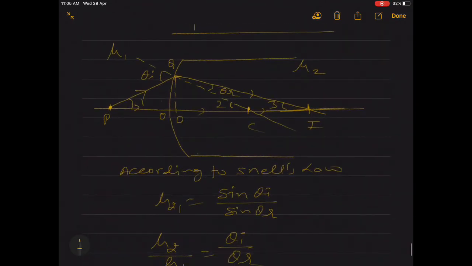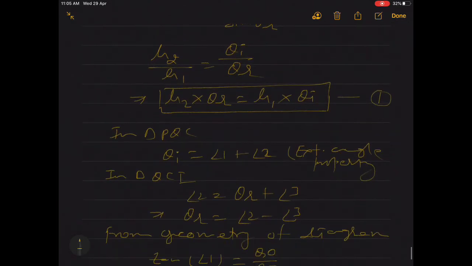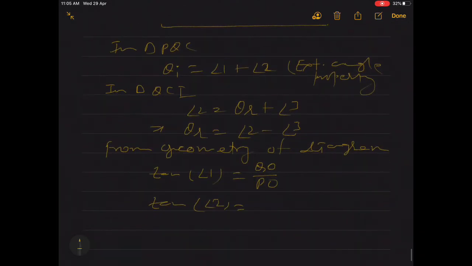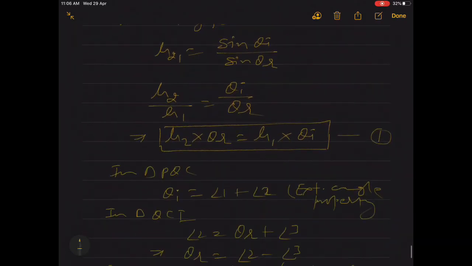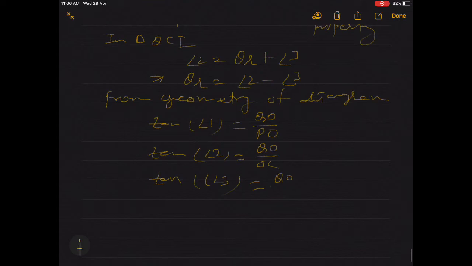Tan of angle 2 is again QO upon OC. And tan of angle 3 would be QO upon OI.